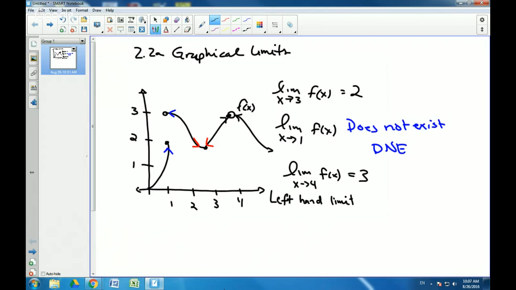So the limit as x approaches 1 from the left, that's what the minus sign means, coming from this direction. And what would the limit be from just this side? 2, correct. Okay. Solid and hollow don't matter for limits.